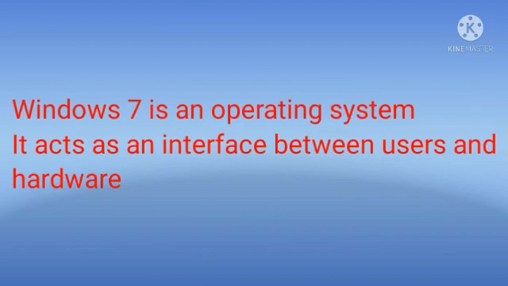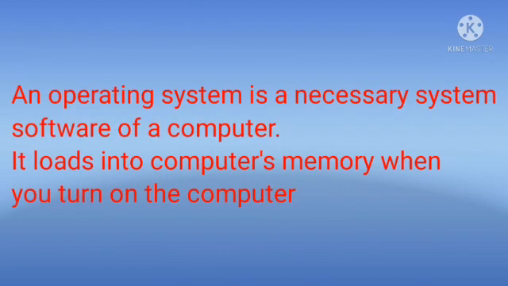Hardware is the physical components of the computer and software is a set of instructions given to the computer what to do. So, operating system is a system software of a computer. It contains a set of specific instructions that tells the computer what to do.